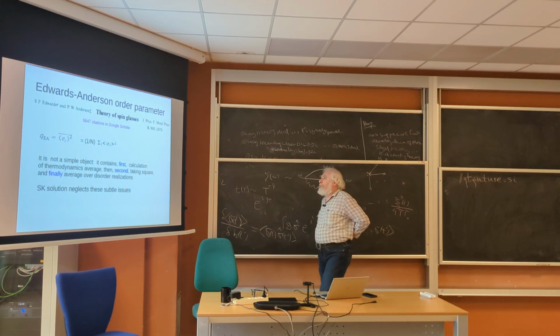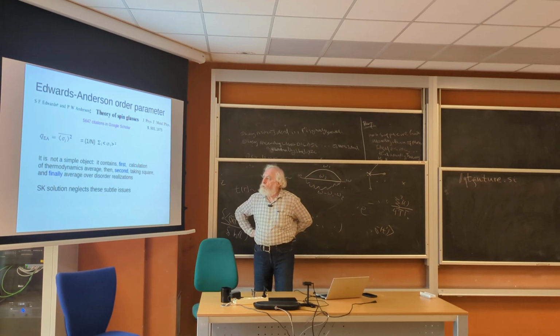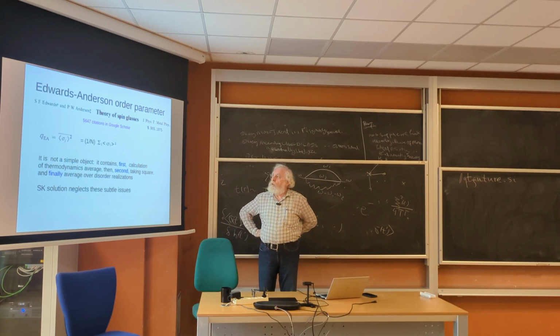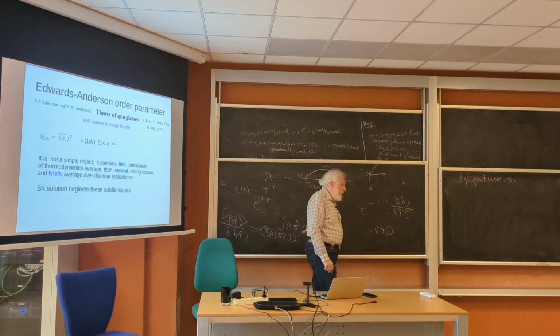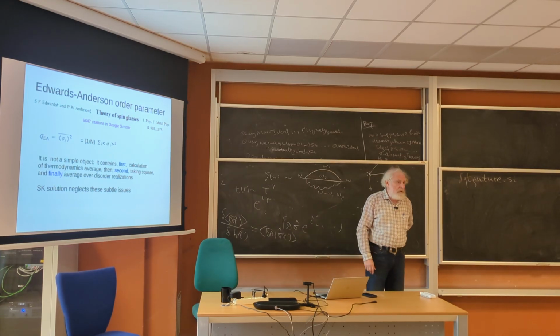Now, the idea of Edwards and Anderson was to consider the simplest quantity, which is the thermal average of each spin, sigma_i, shown by these angular brackets. Of course, it is random, plus and minus. Now let us take the square and average this square over the whole system.